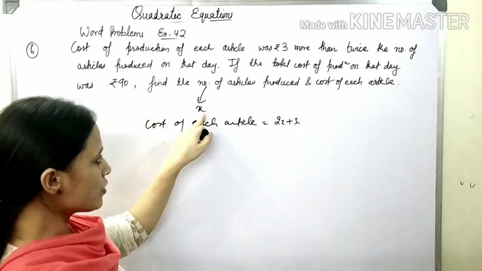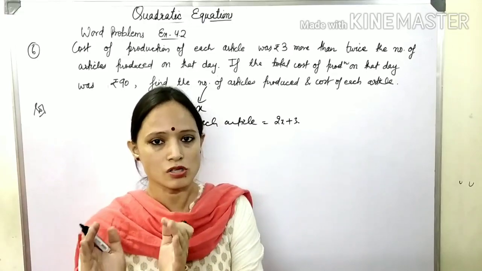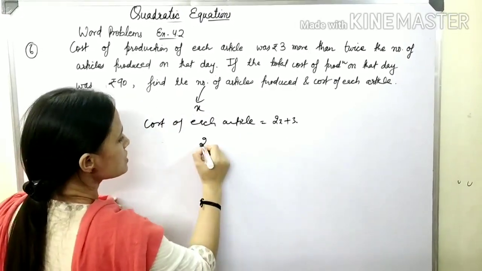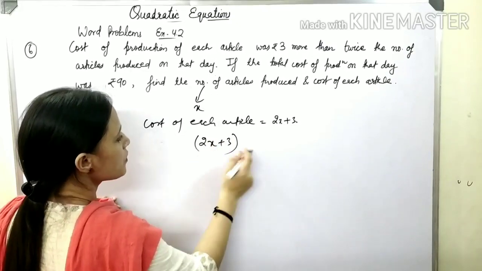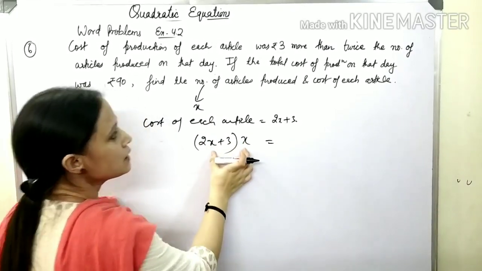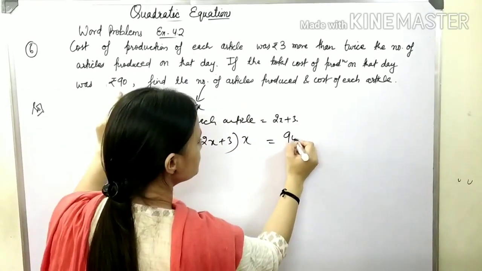And if I want to find the total cost of all the articles, I have to multiply the cost of each article with the total number of articles produced on that day. This is going to give me the total cost of production on that day, that is rupees 90.